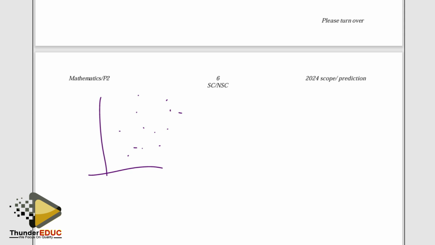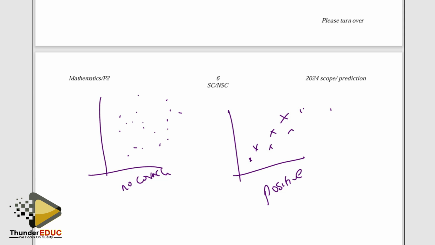So we have 3 formats. If the points are having no direction, then there's no correlation. If the points are showing an increasing trend, then it is a positive correlation. And if the points are just sloping downwards, then that is a negative relationship or a negative correlation.